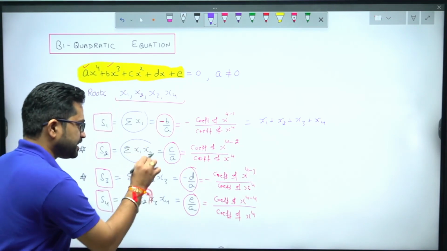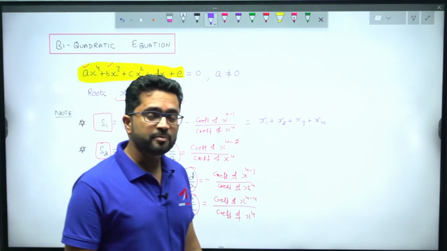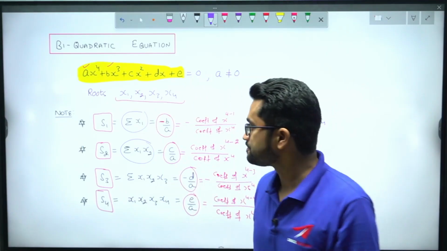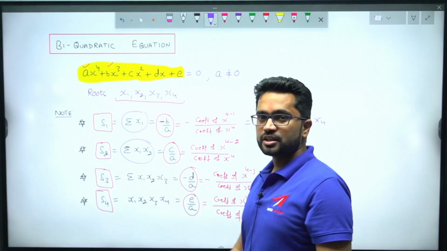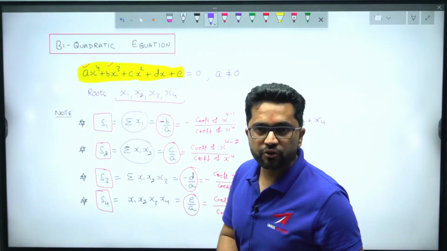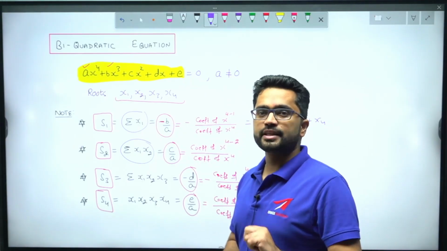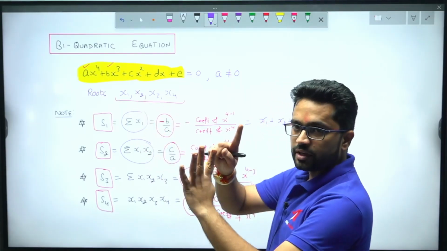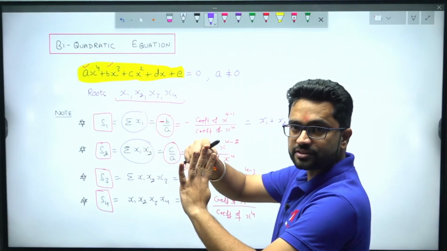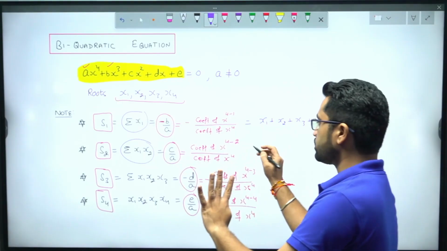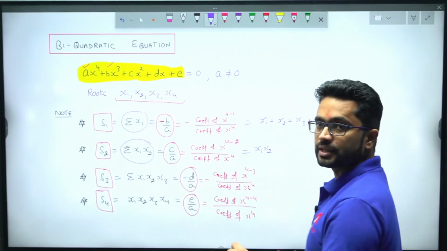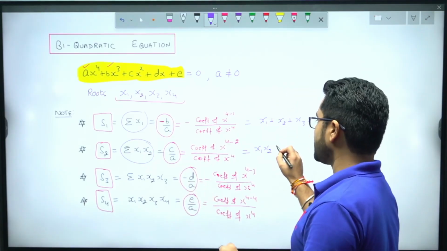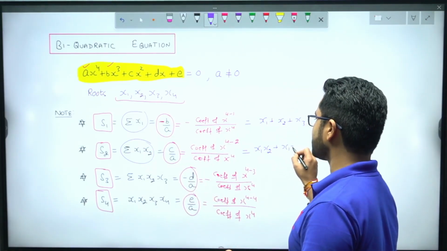Next, what is this sigma of x1, x2? What do you mean by sigma of x1, x2? Hold on. S2, capital S2. S2 means the sum of the product of roots taken two at a time. So there are four terms: x1, x2, x3, x4. So one pair is x1, x2. The next one is x1, x3.